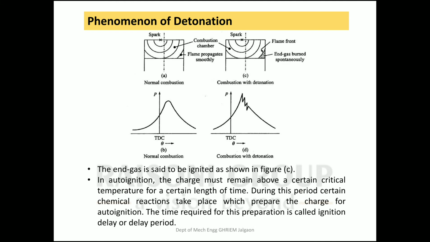In auto ignition, the charge must remain above a certain critical temperature for a certain length of time. During this period, certain chemical reactions take place which prepare the charge for auto ignition. The time required for this preparation phase is called ignition delay or delay period.